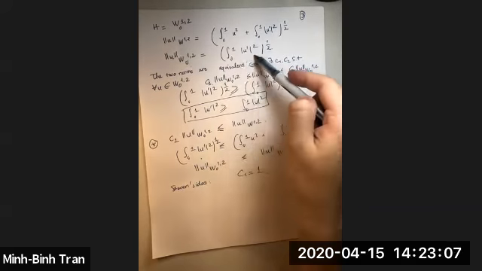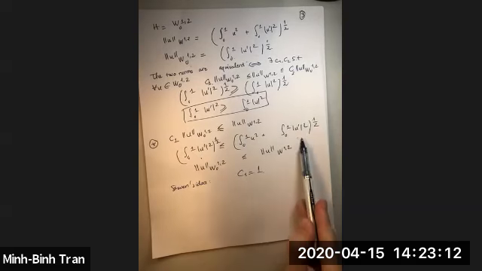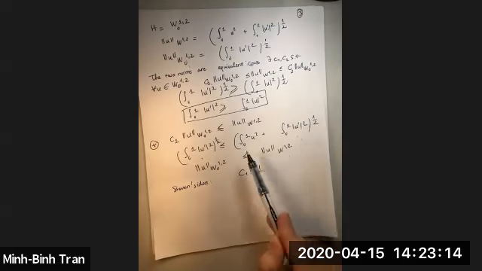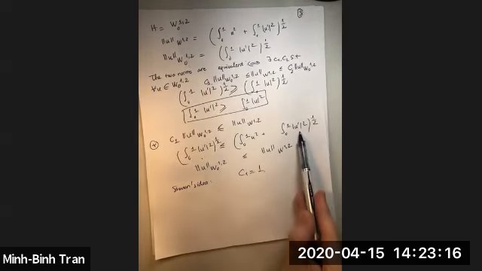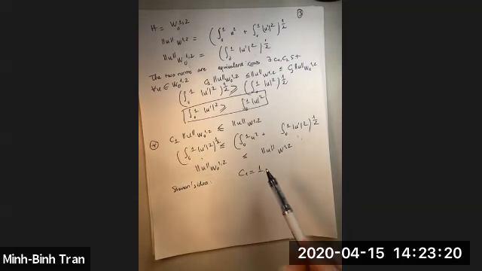I want to keep only u prime. Because here you have one quantity and here you have two quantities, this one has to be smaller than this one, meaning that the W012 norm has to be smaller than the W12 norm, which means that C1 is definitely 1.